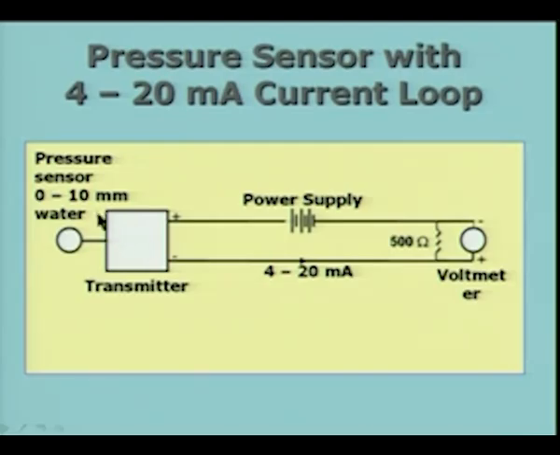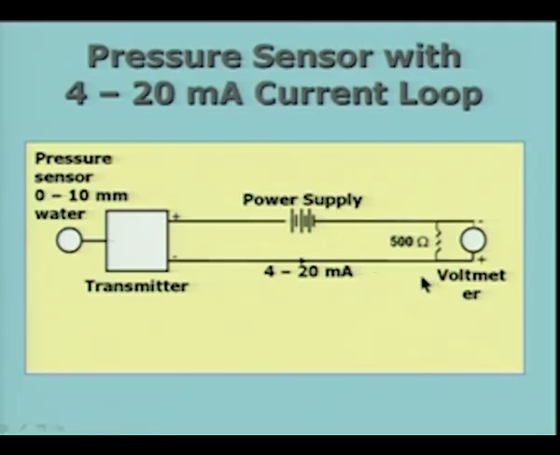The sensor transmits the pressure signal as a 4 to 20 milliampere current, maintained by a power supply of 12 volts or 24 volts, as I indicated in the last lecture.